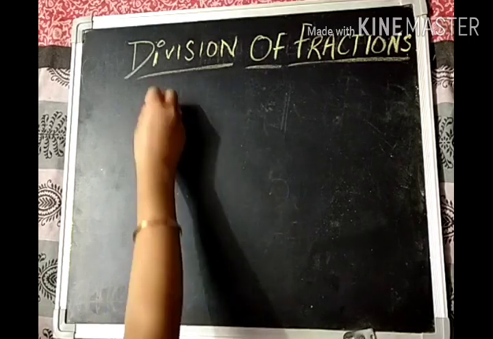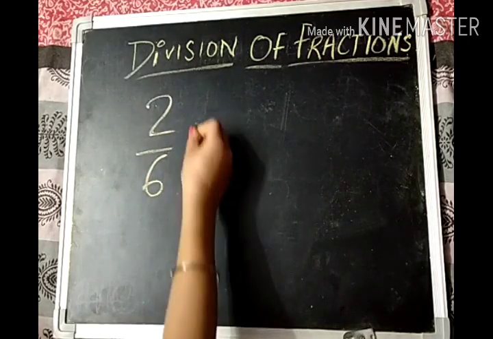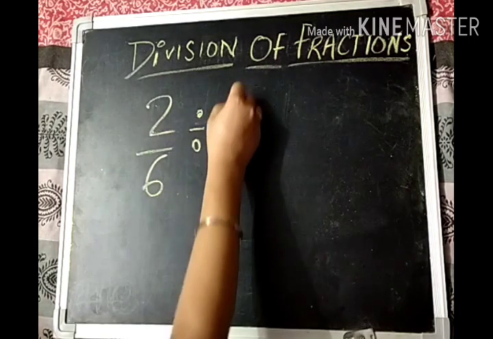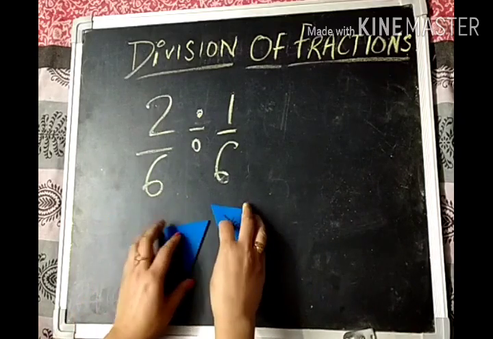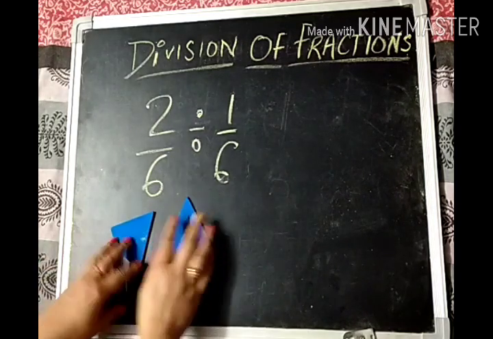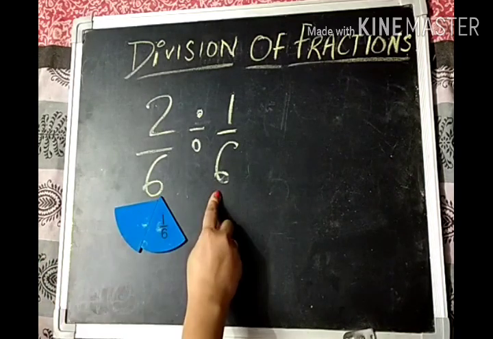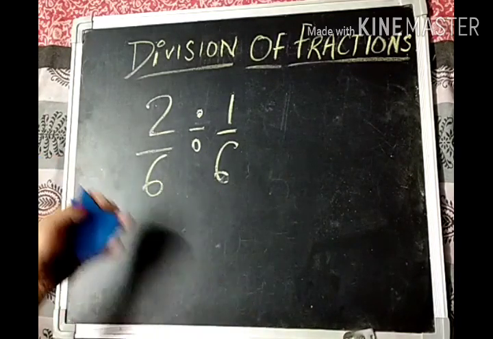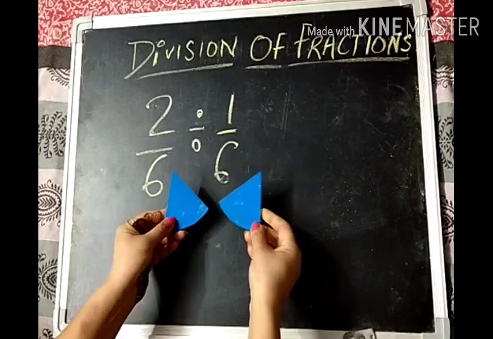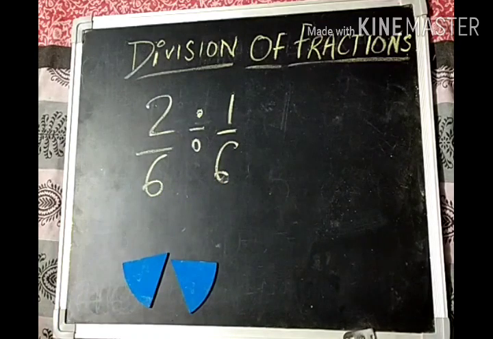Now if I have 2/6 and I have to take out 1/6, how many times can I take out 1/6 from it? 1 and 2. So 2 times.